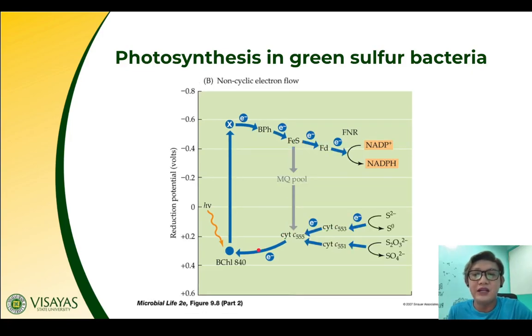But for non-cyclic electron flow, the final electron acceptor is NADP plus that becomes reduced into NADPH. But to replenish the lost electron, S2O3 and S2 could be a source of electron.